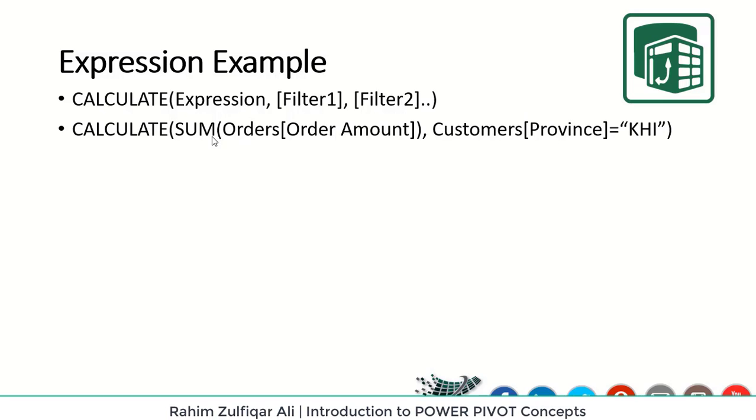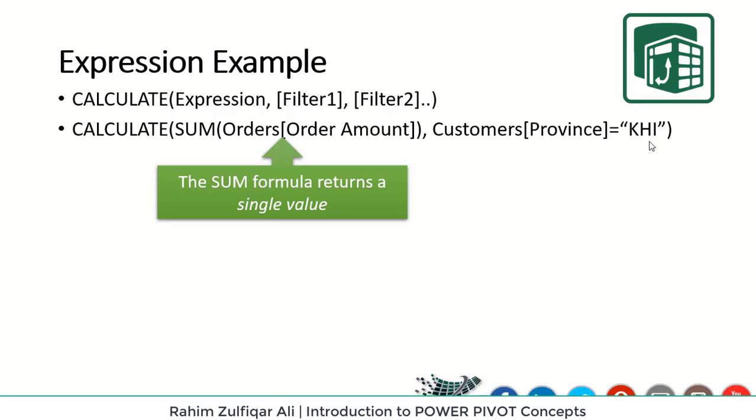So we will get the order amount only for the province of Karachi. It looks like SUMIFS, right? But when you write DAX, you have to use this format. CALCULATE has more power and you can explore it in advanced DAX analytics, but at the primary level, I hope you have understood how CALCULATE works and what this particular DAX will do.